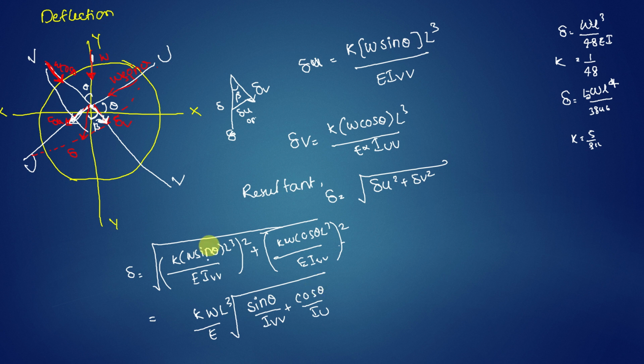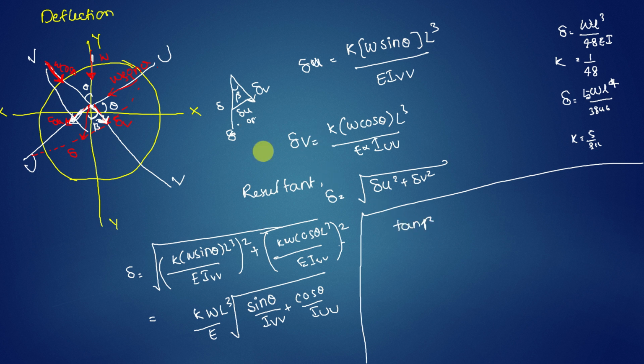And we have to find out what is the direction. What is the direction of this resultant axis, the resultant deflection? So tan beta, what will be tan beta from this right angle triangle? Opposite side by adjacent side. What is the opposite side? Delta u, and the adjacent side will be delta v. Okay, now what is delta u?